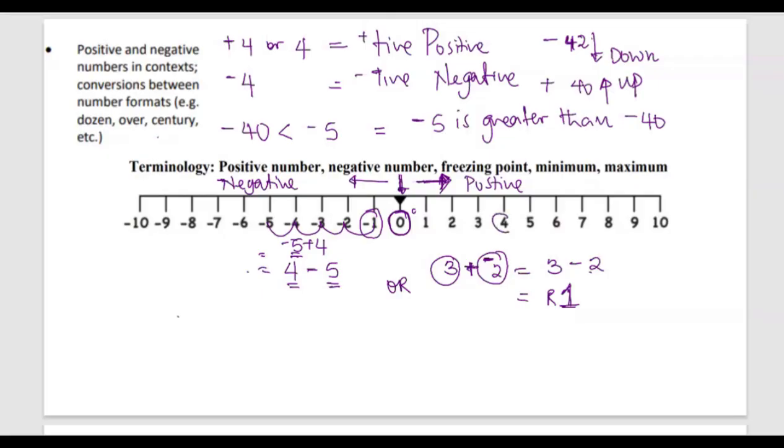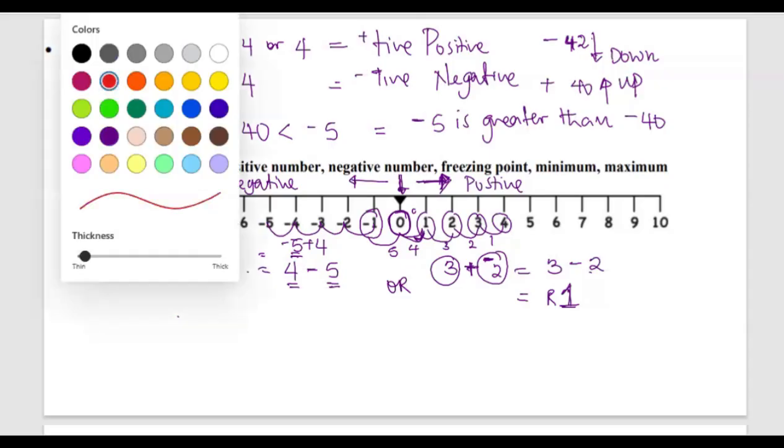So that means it's 1, 2, 3, 4, 5. You are moving 5 times on the left-hand side of 4. That's how we use a number line.